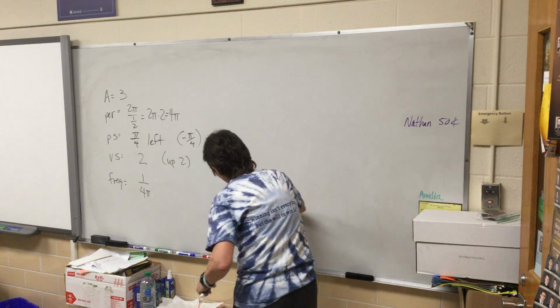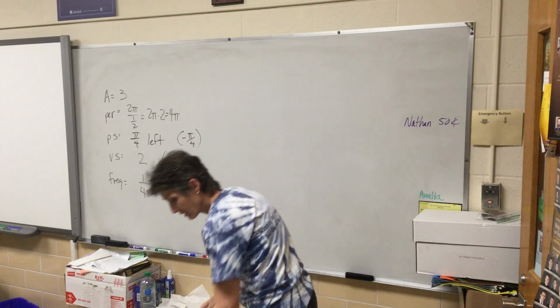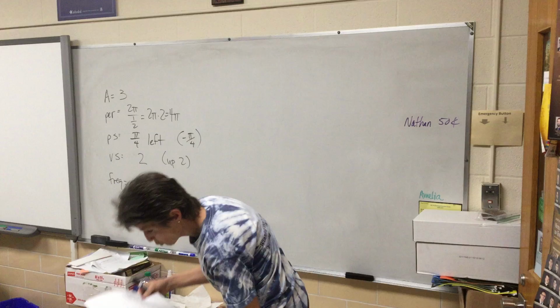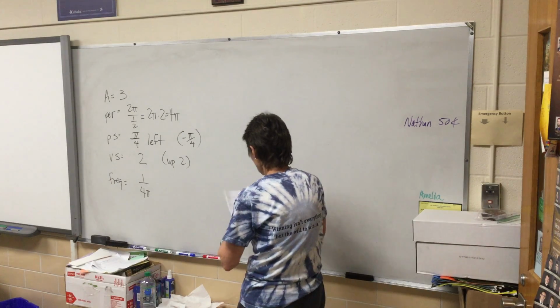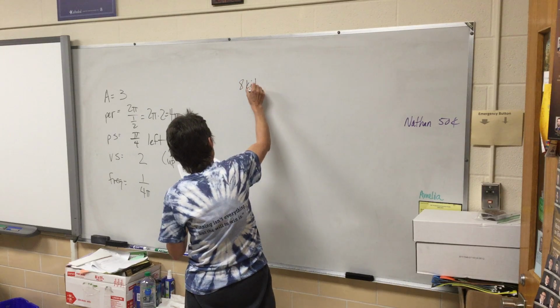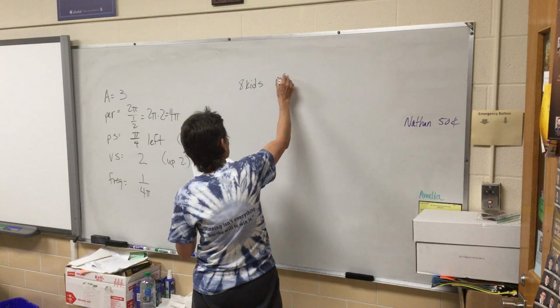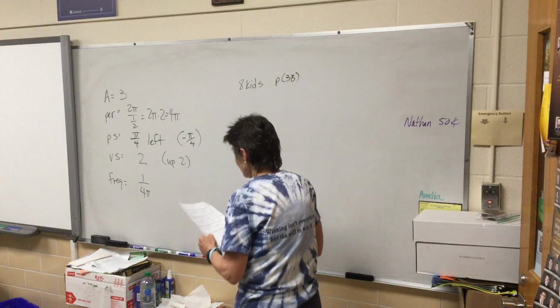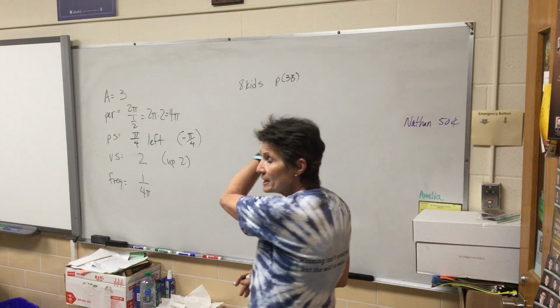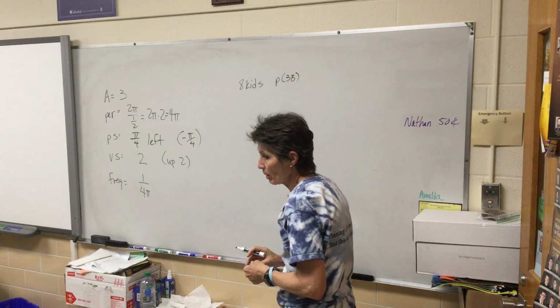The only other problem that is circled is number 21. It says if you have 8 kids, what's the probability of exactly 3 boys? Now, this is binomial probability.